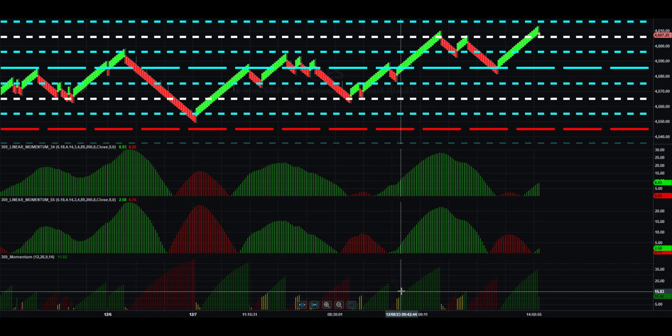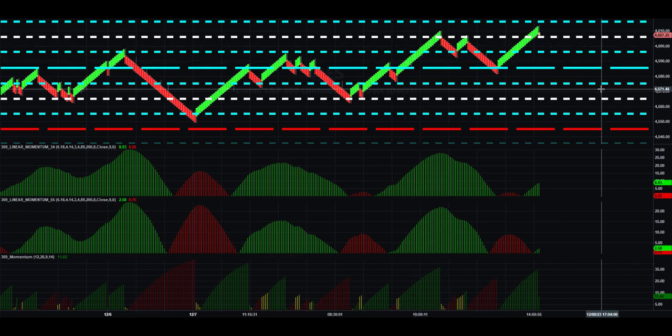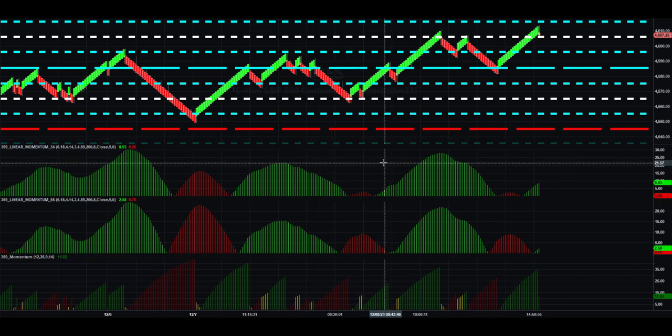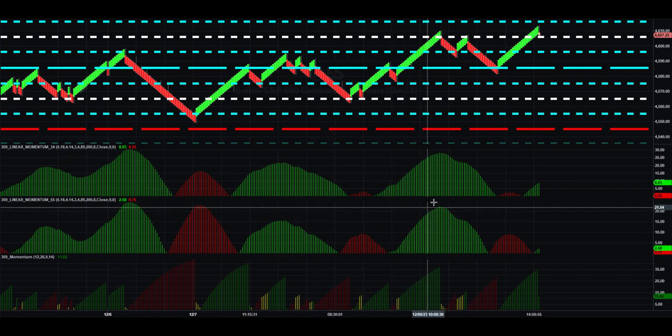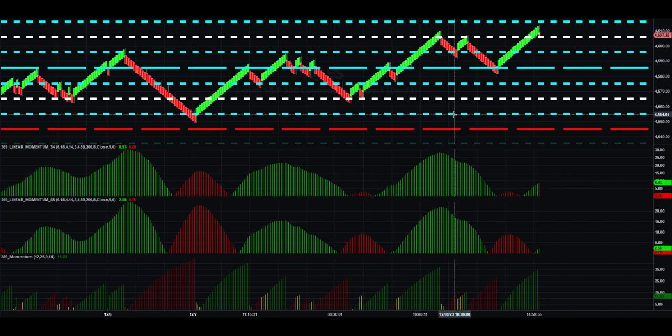So this structure told us to go long here, and you get 20 points. So that is the first rule of bullish behavior.